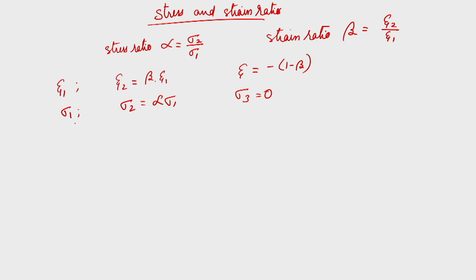You will find that for uniaxial tension test, from this you can always find out, beta is equal to 0.5 and alpha is equal to 0, because sigma 2 by sigma 1 we are taking.